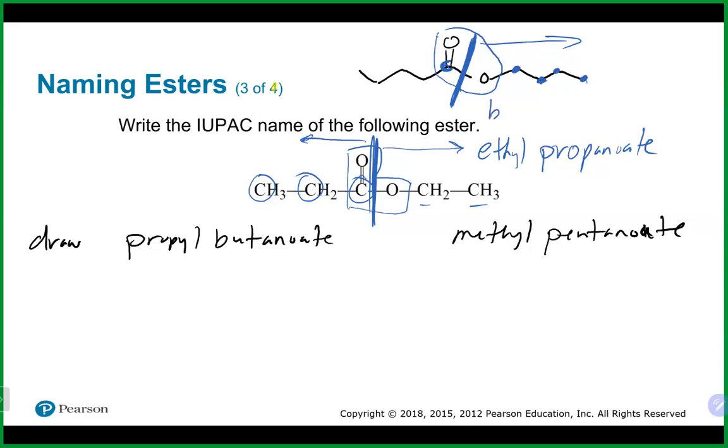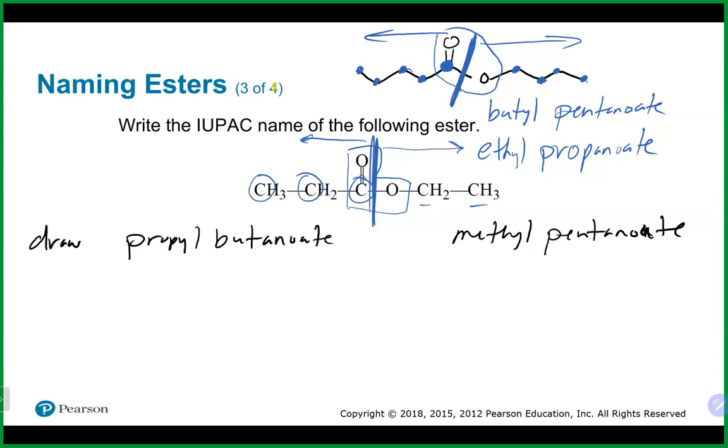So that's going to be a butyl group there. Going the other way, we don't want to forget this guy, which is a carbon, 2, 3, 4, and 5. That's based off of our carboxylic acid heading in that direction. 5 is going to be pentane, pentanoate. Any questions on that one there?